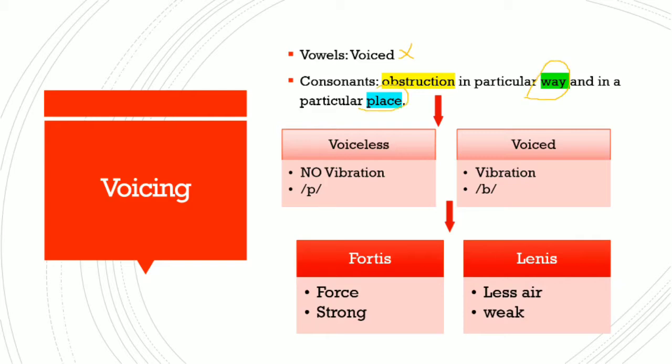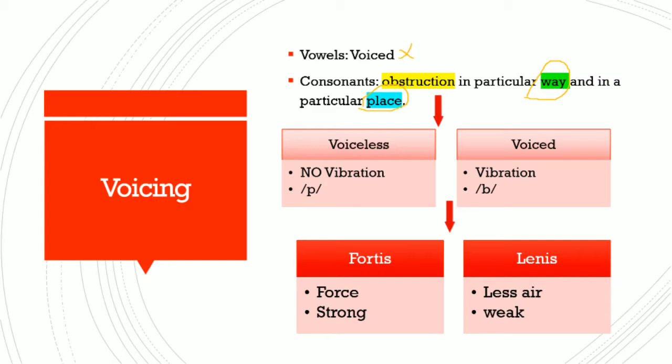Part of that obstruction is related to voicing. This obstruction will produce more or less air going out, and the vocal cords would or would not vibrate. So that's why consonants can be voiced or voiceless or unvoiced.